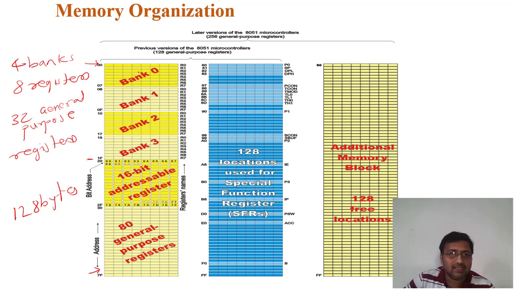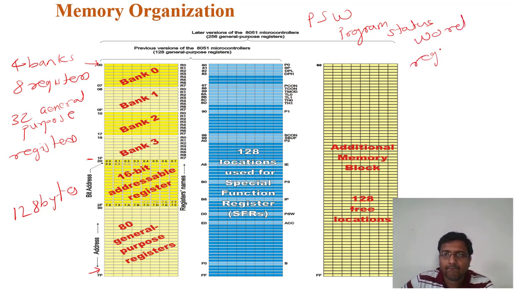So we can use PSW to change these particular banks. So PSW stands for program status word register. Okay, so PSW is responsible for changing the banks, and these are the general purpose banks available.